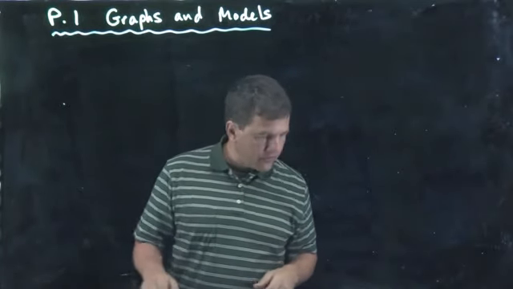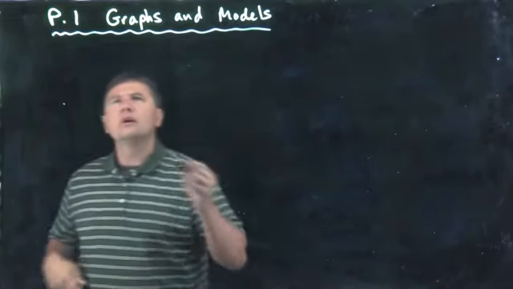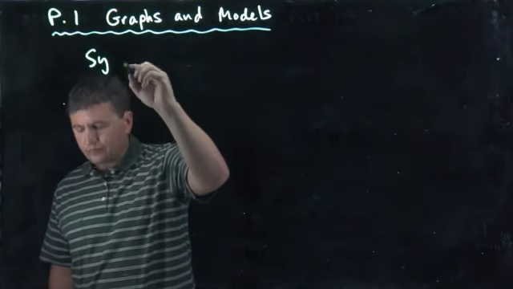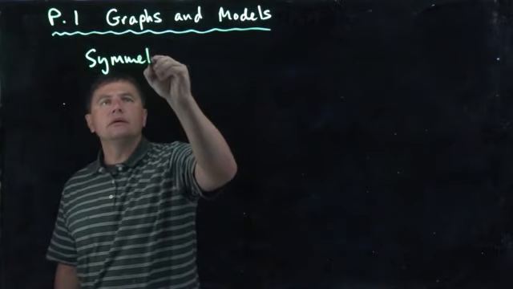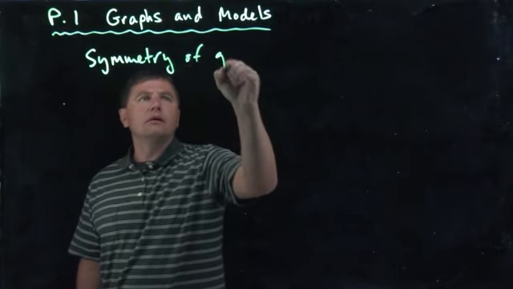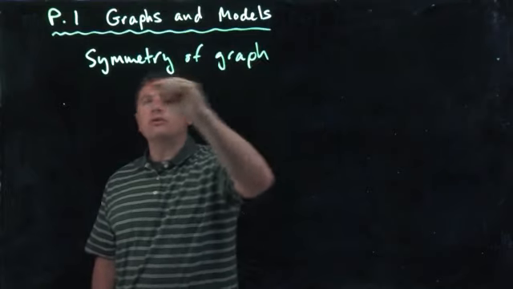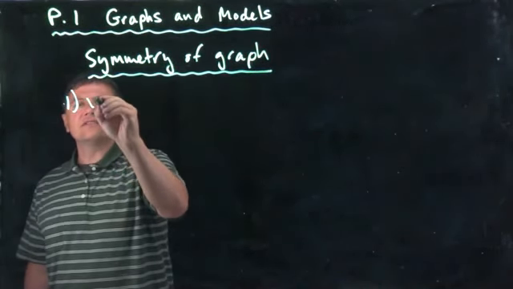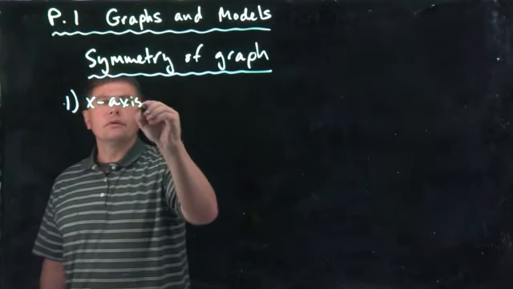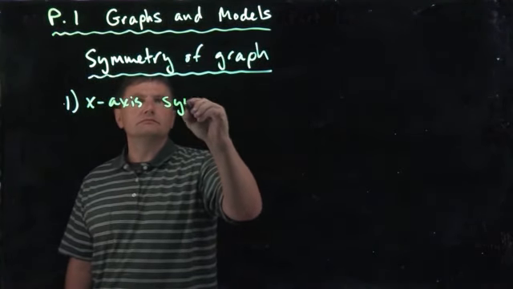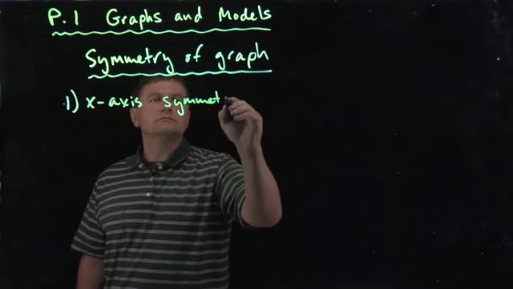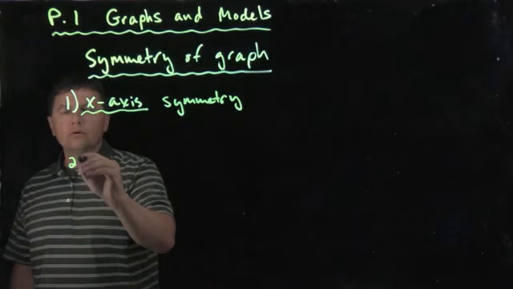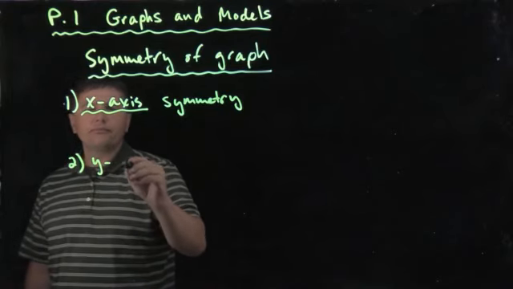Okay. So let's talk about these symmetries. Where's that marker? The negative marker. So symmetry of a graph. There's actually 3 symmetries that we're interested in. There is x-axis symmetry. 2, there's y-axis symmetry.